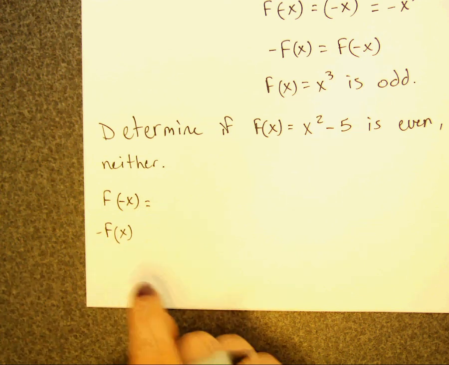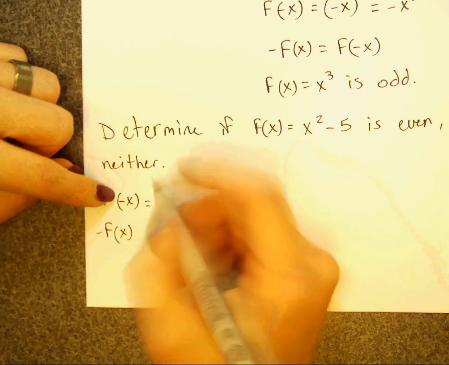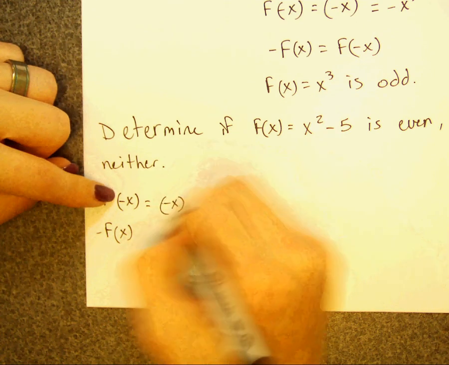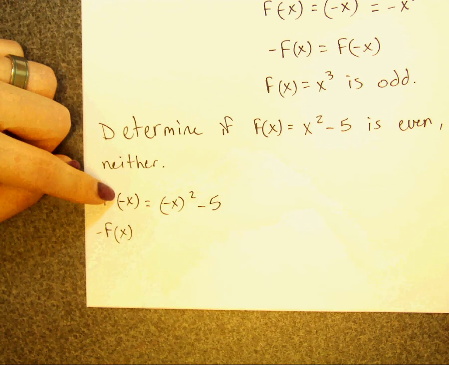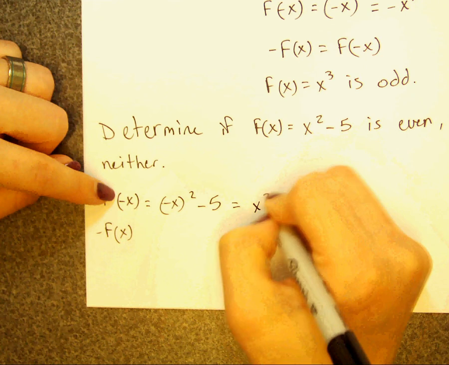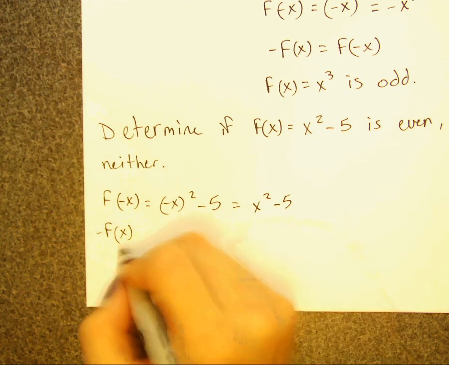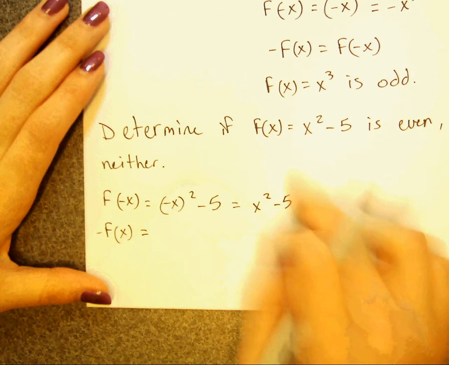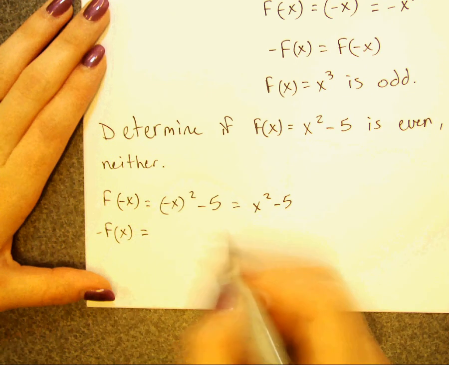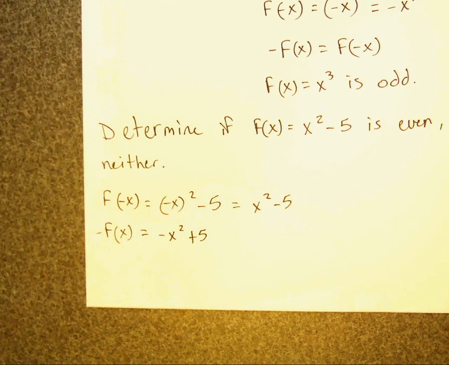So f of negative x is going to be negative x squared minus 5. Negative x squared is x squared minus 5. And negative f of x, I'm just multiplying the whole function by a negative. So I get negative x squared plus 5. These are the things that I need.